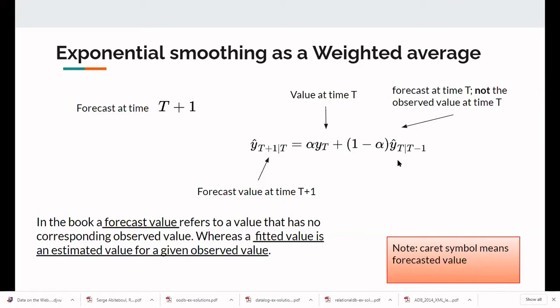So ano pala ang gagamitin? So notice that when there is a caret symbol, it actually means the forecasted value. Okay? Pag walang caret, it means it's the observed value. So itong equation na ito just tells us all we need to deal with is the current observation and the forecasted value now.